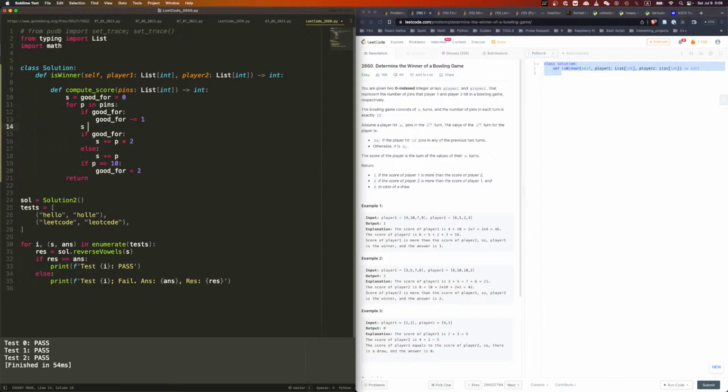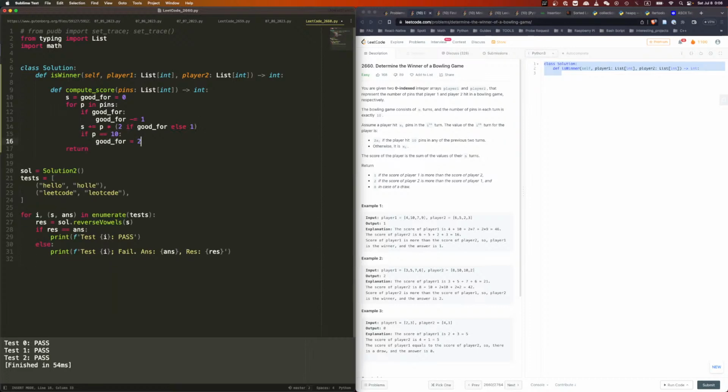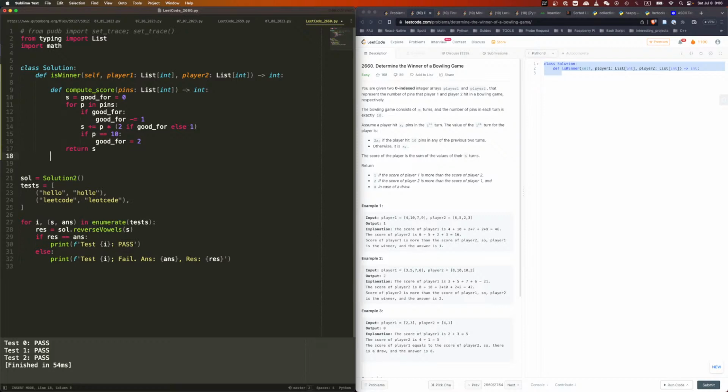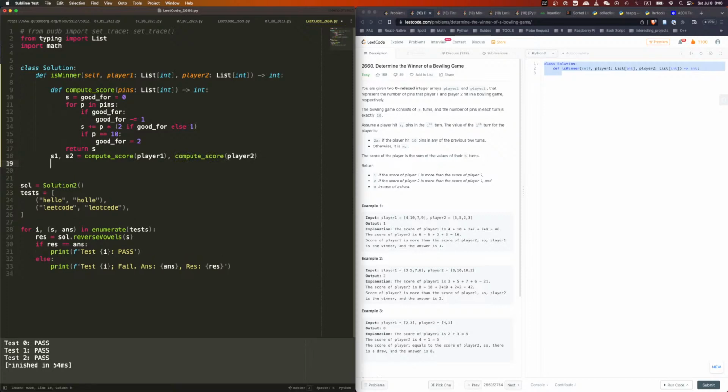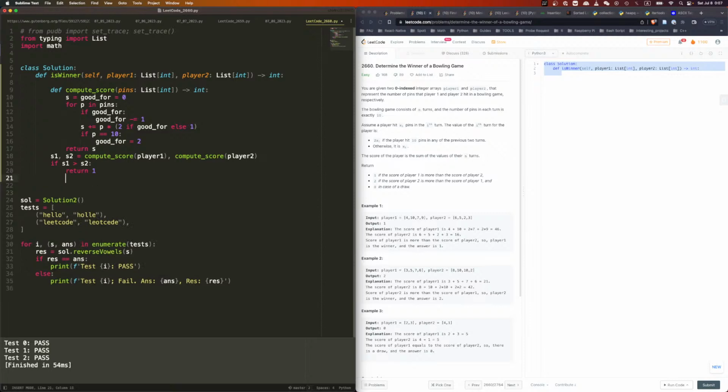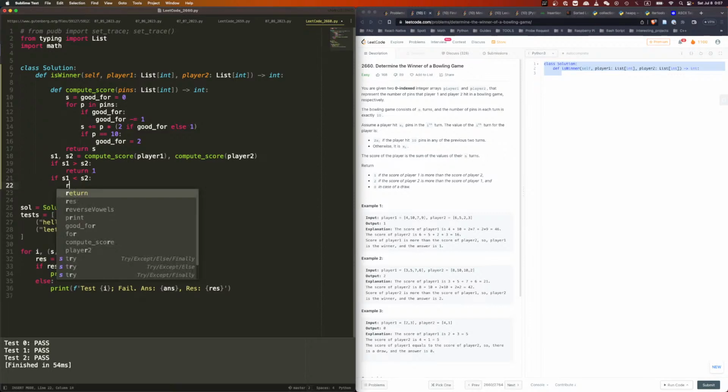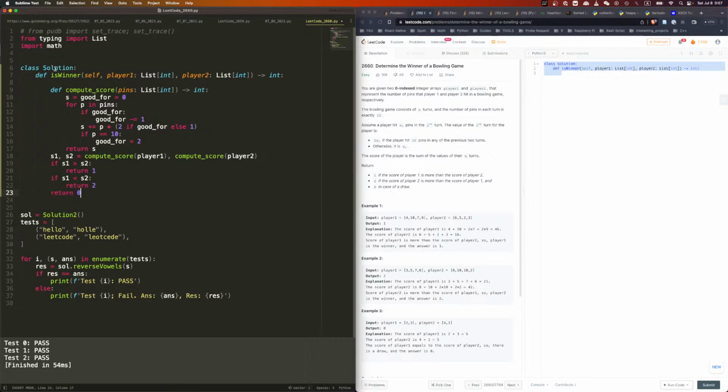Maybe we can do this: s plus equal to p times 2 if good for else p, save some. Return s. Then we'll say s1, s2 equal to compute score player 1, compute score player 2, and if s1 is larger than s2, return 1. If s1 is smaller than s2, we'll return 2. Otherwise, return 0.